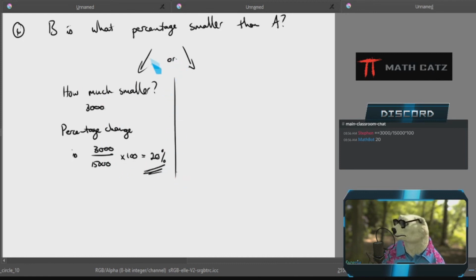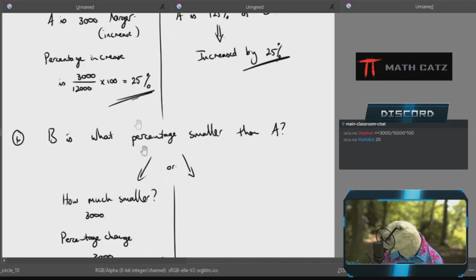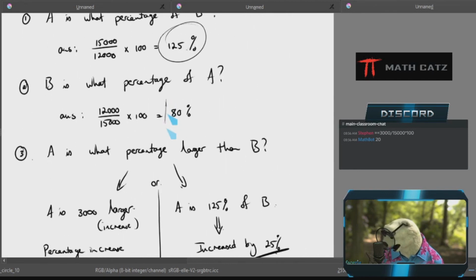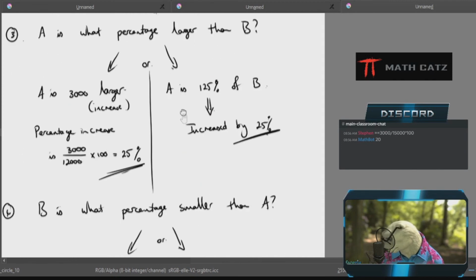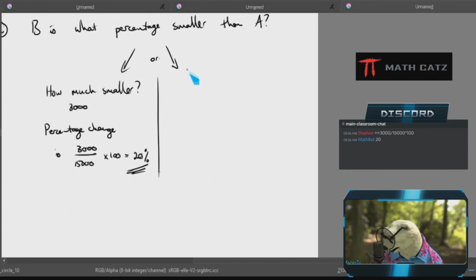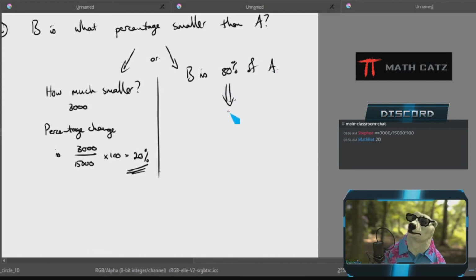Or I could notice, well, I've done some work already here, in that I've seen what percentage B is of A. It's 80%. Let's just write that down. B is 80% of A. So from that, I can also get that it's, did I say decrease?